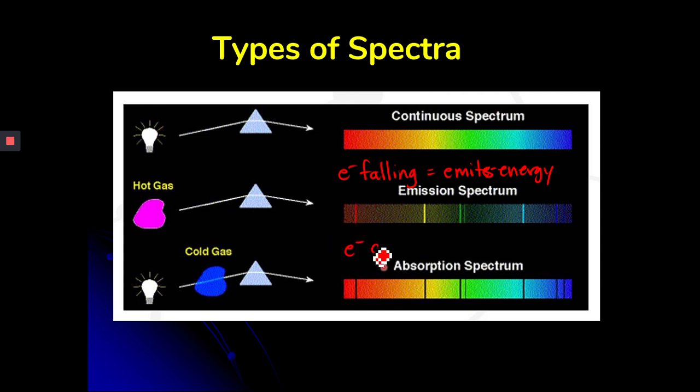So when the electron goes up in level, it absorbs energy, and that's really the difference between these two. We have blank spaces in absorption, where that energy has been absorbed by the electron. In emission, we have the colored line that shows the amount being released when the electron is falling.